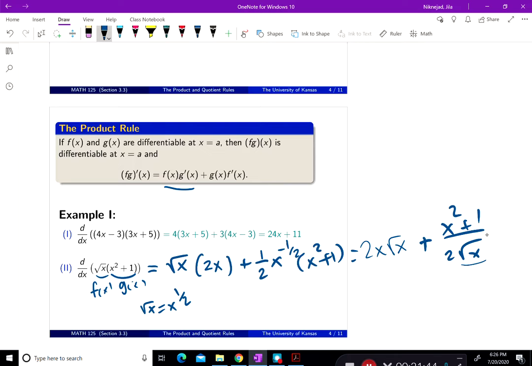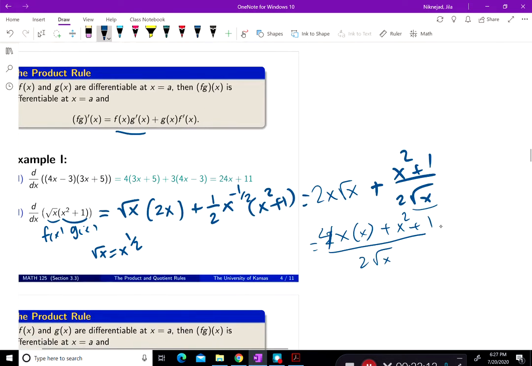Finding a common denominator, or using other methods that we showed you with factoring, you get 2x times x plus x squared plus 4x times x, square root times square root is x, divided by 2 square root of x. And so 4x squared plus x squared, that's 5x squared plus 1, divided by 2 square root of x.